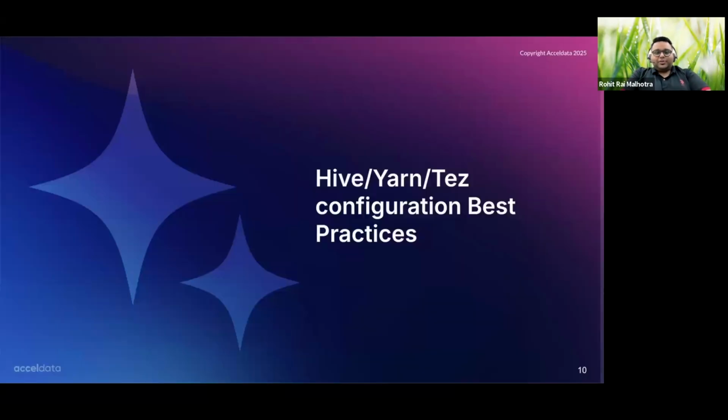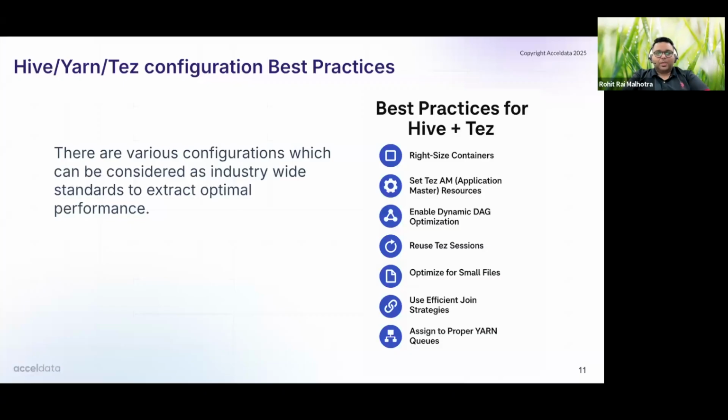Okay, so next topic is Hive Yarn Tez configuration best practices. In this section, we'll deal with the major configuration properties that you can take up to get the optimal query run as well as throughput and resource utilization on the yarn side as well.